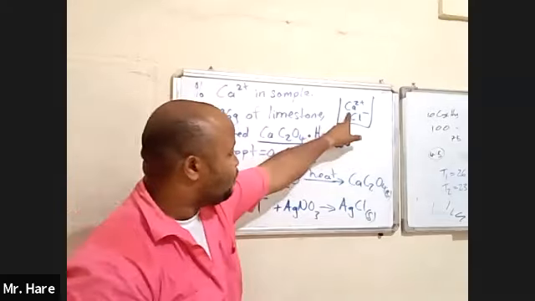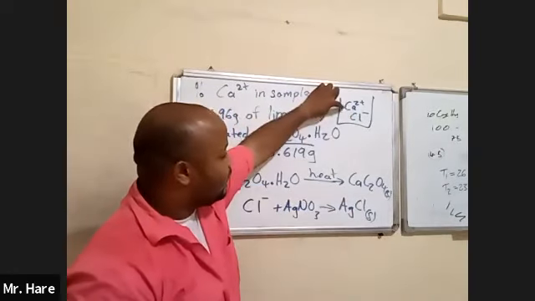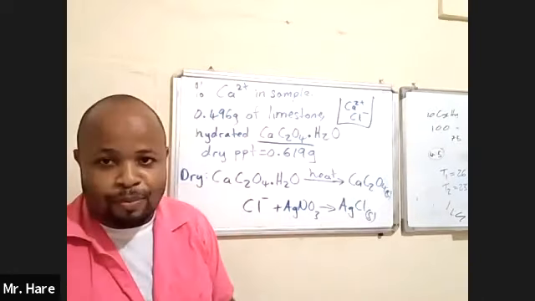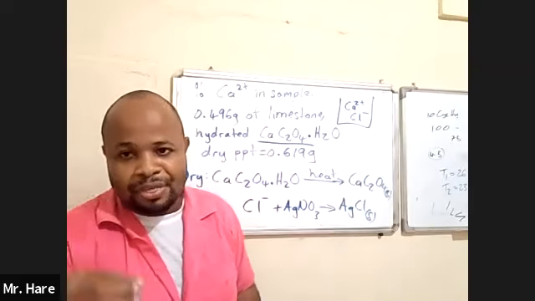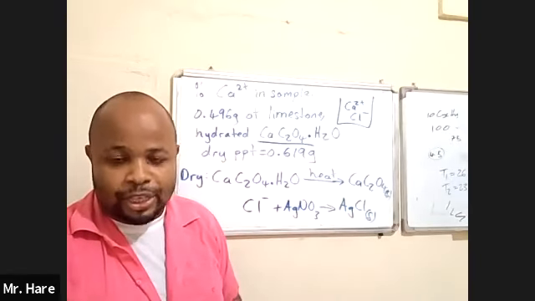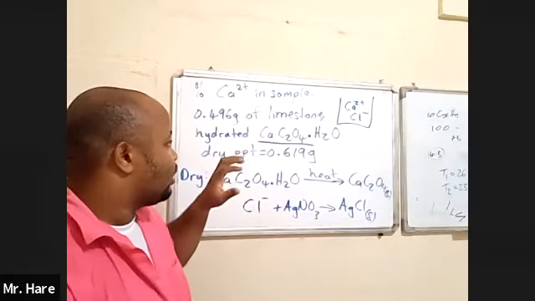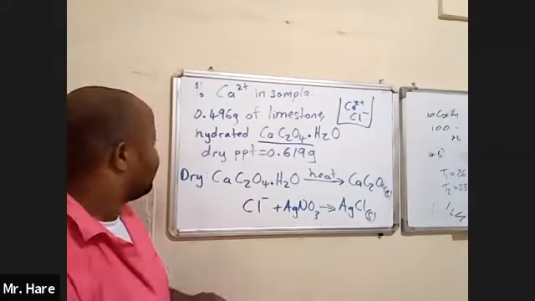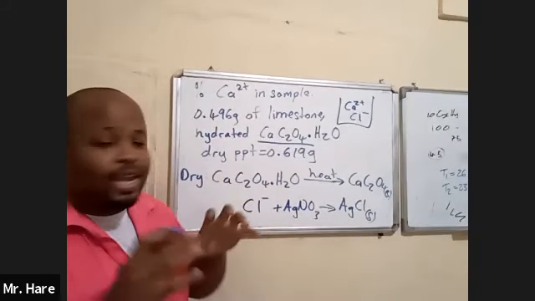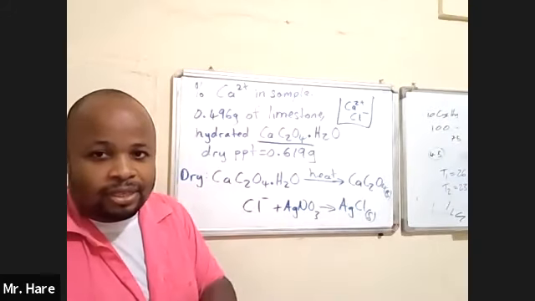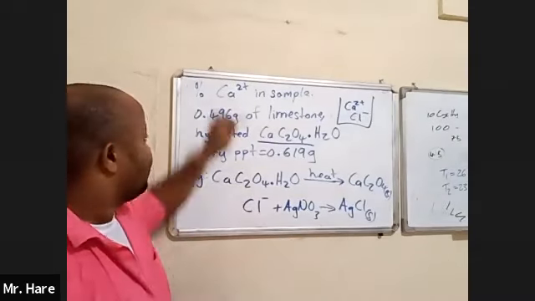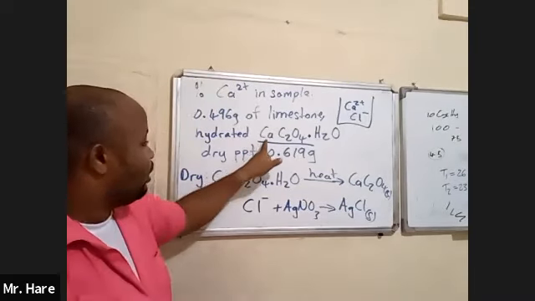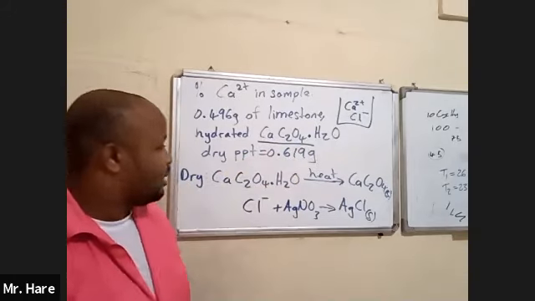So what we need to do now is convert the calcium ions to a solid form. That is when we add the precipitating reagent. They did not tell you clearly what it was. But remember, whatever solid form the calcium ion is in, the calcium ion is now calcium oxalate.